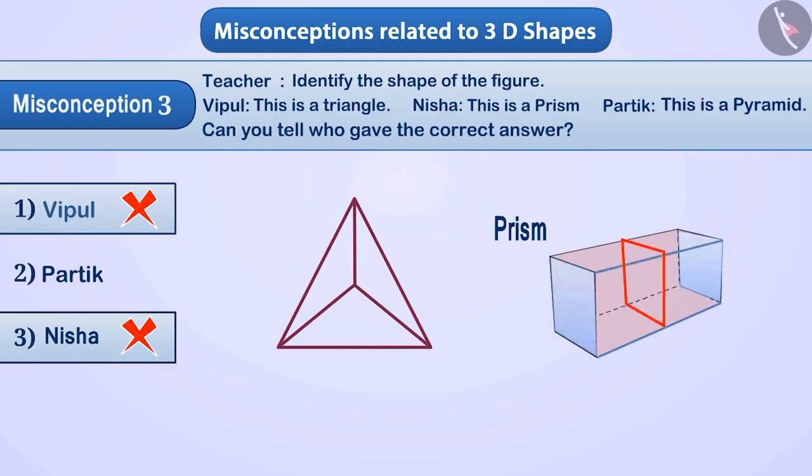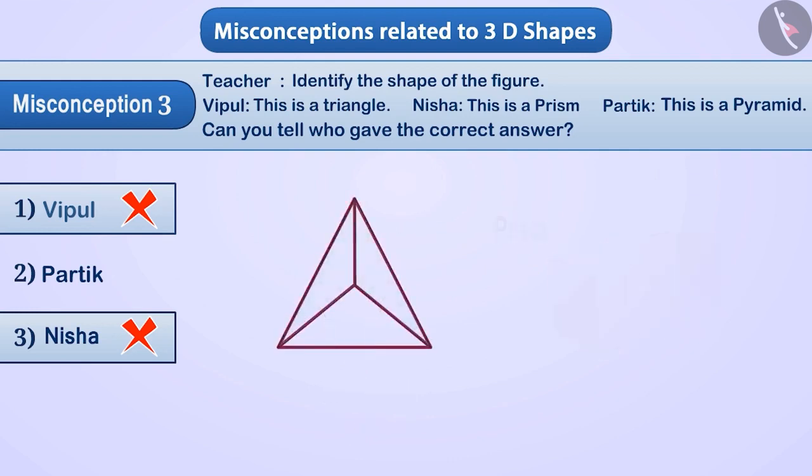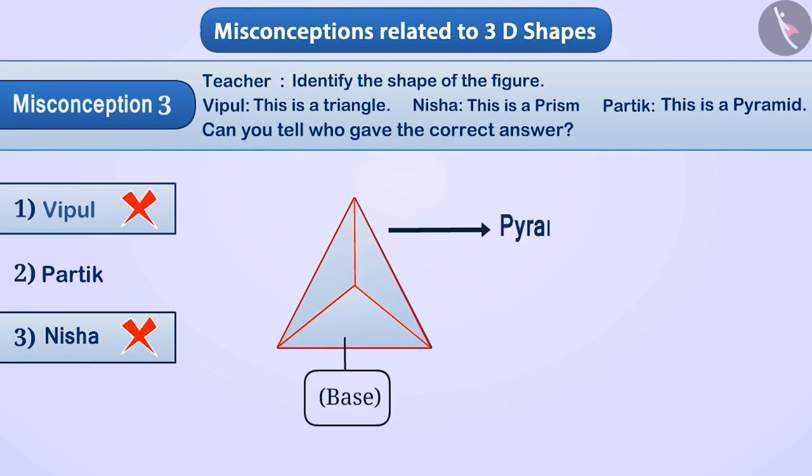There are no two faces parallel, so this shape is not a prism. If we see, all faces are triangular here. If we consider one of the faces as base, then all the other faces are triangular. We call such a shape a pyramid. Therefore, Pratik has given the correct answer. That is, option 2 is correct.